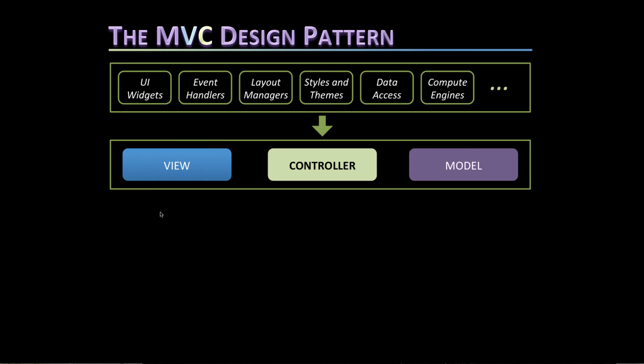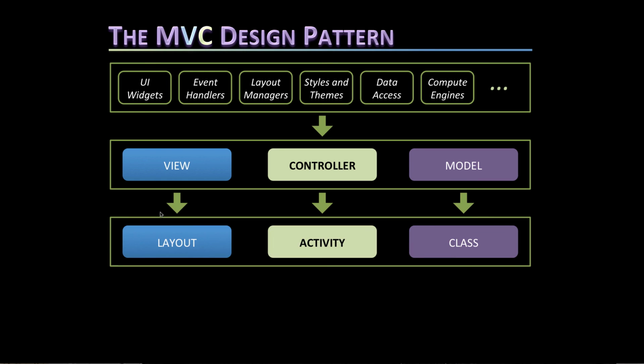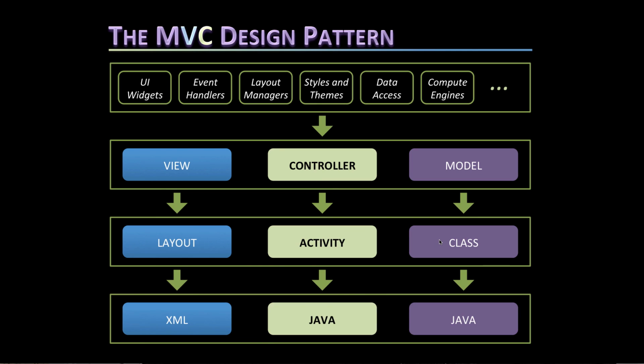Now, in Android lingo, MVC is implemented more or less with different terms, different terminology. The view is known as a layout, the controller is an activity, and the model is a class. And in terms of the programming language that codifies these things, the layout is written in XML, the activity and the class are written in Java.